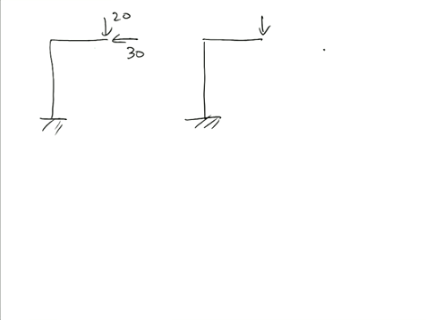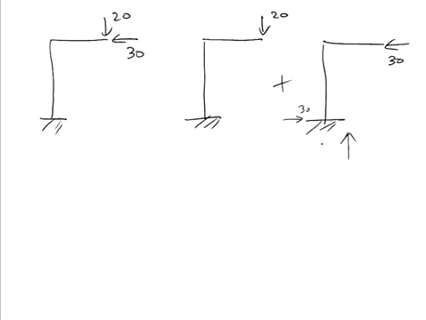Remember I mentioned we can use superposition. So if I consider these two cases separately, a 20 down plus a 30 to the left, dealing with this 30 to the left first, I have a 30 here, a 30 here.